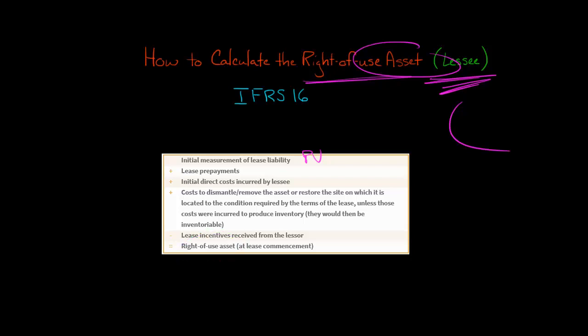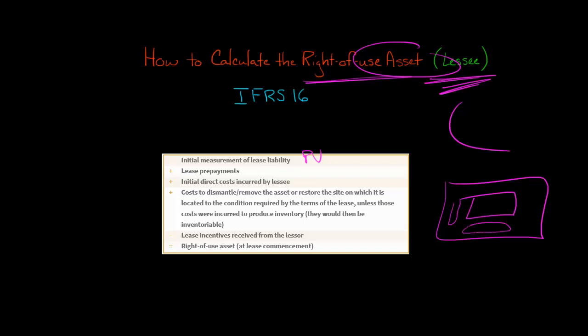Now, if there's any cost to dismantle, remove the asset, restore the site, those costs are also going to increase the right-of-use asset. Let me just give you an example so it's a little more intuitive. Let's say you're renting a piece of land, and you set up a gas station there, and you have underground storage tanks.